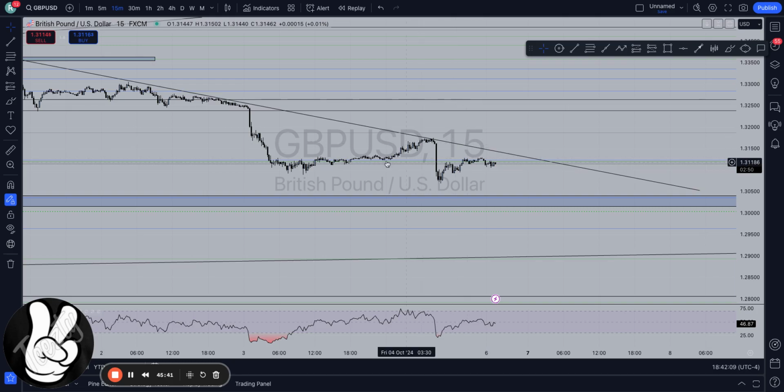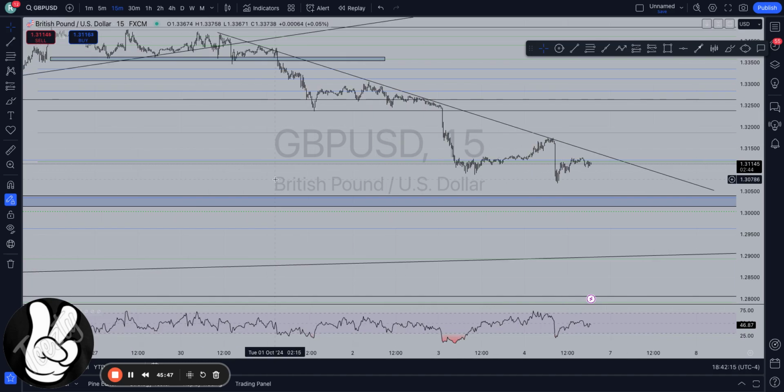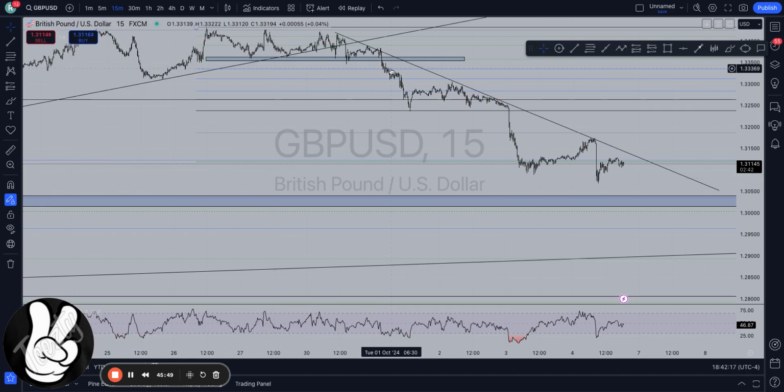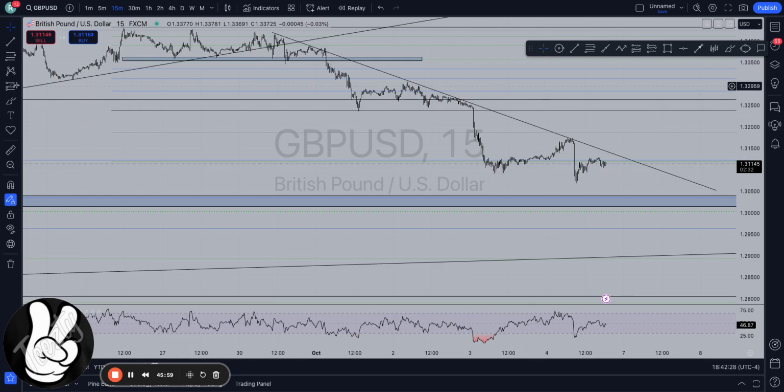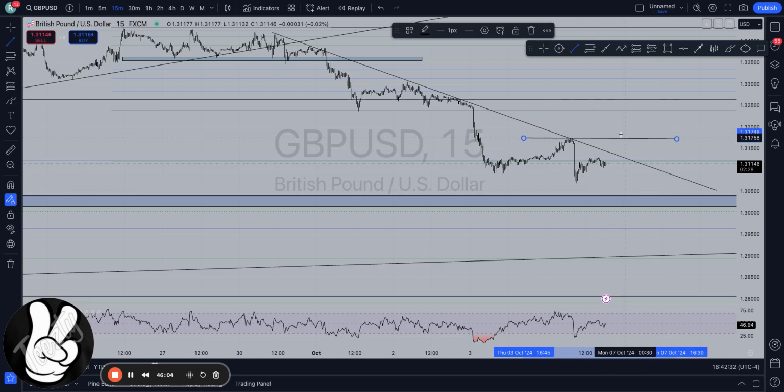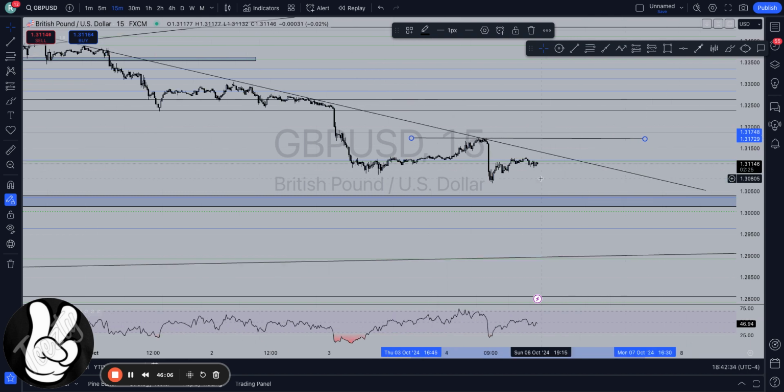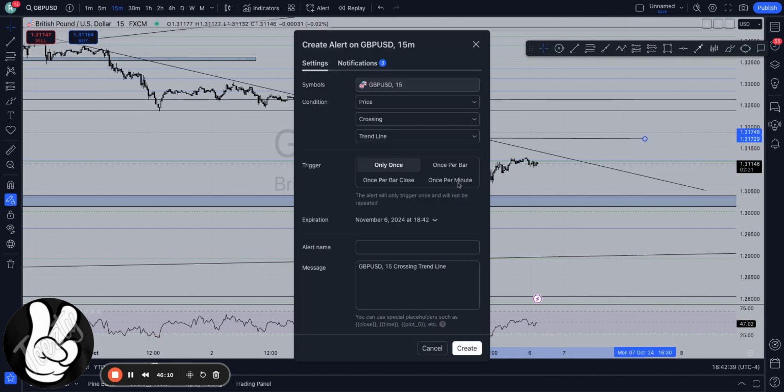But right now we have nothing really to base off price. Once price breaks this lower high point with a brand new impulse and then comes back to retest, then we can continue to go up.